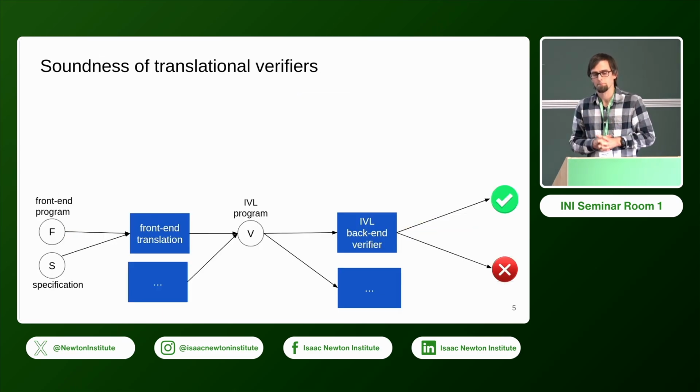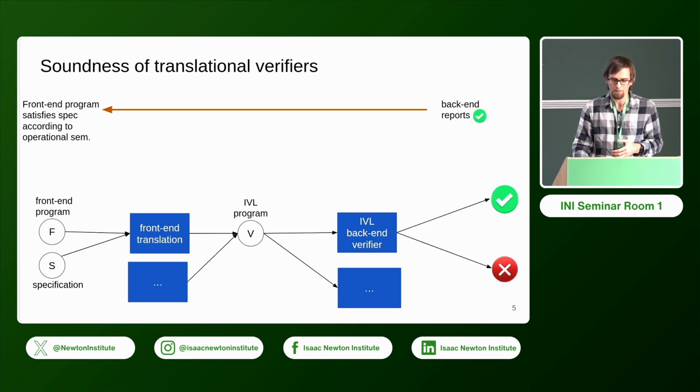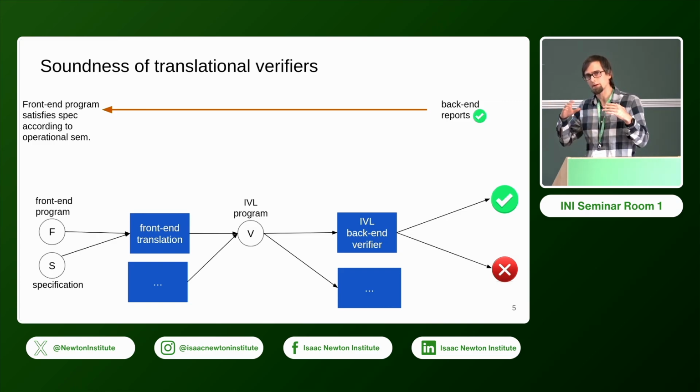So in this talk, we've seen the picture of how the verification works, and now I'm going to focus on the other direction of this picture, which is how do we know that this is actually sound? In particular, if we run this verification, at the end the backend says yes, this is a correct program. But this is not what we actually want in the end.